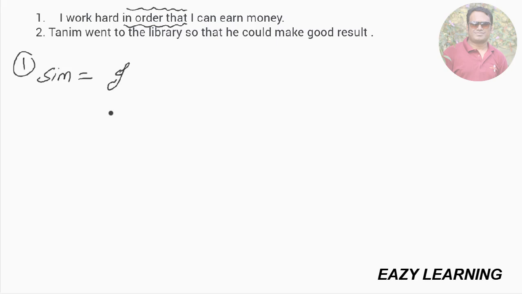I work hard. I have to write here to, because if I want to change to a simple sentence I have to use to. I work hard to, then I have to use a verb. Where will you get the verb? In the simple sentence you will get the verb after can or could. So this is the verb. I work hard to earn money.